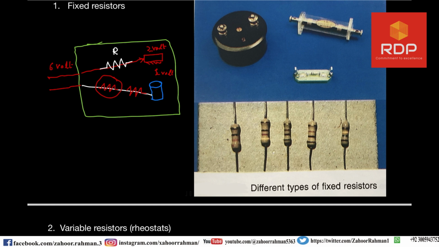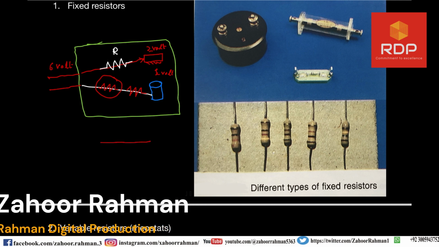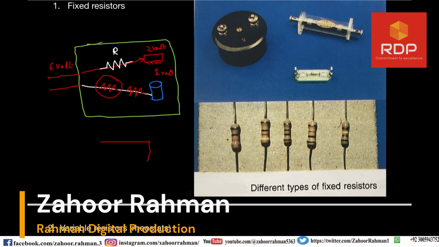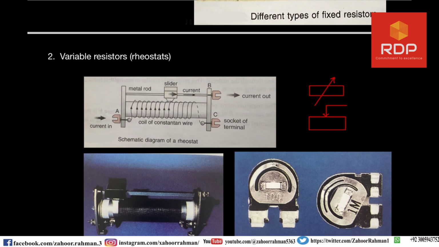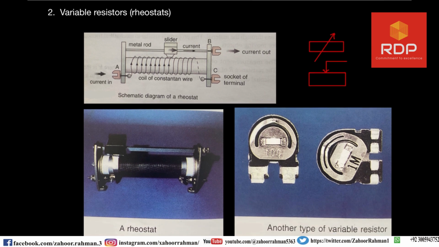These four different types of resistors are shown on the right side. Remember that for fixed resistors we have this symbol, as we learned in the table of symbols of devices.